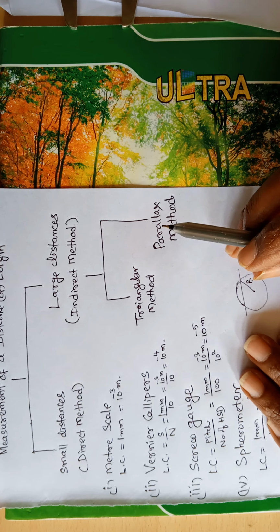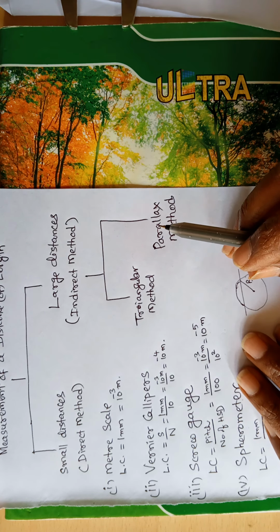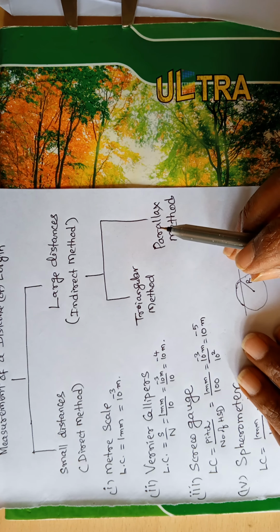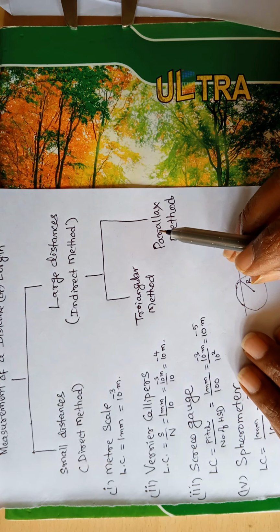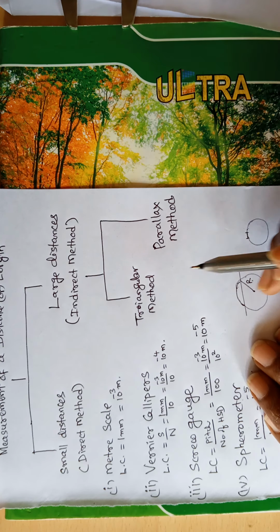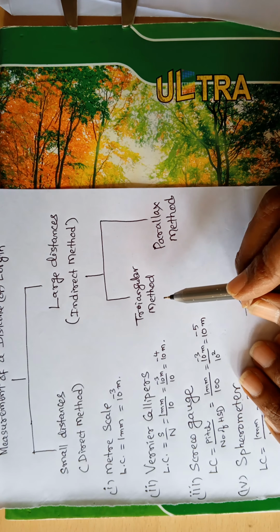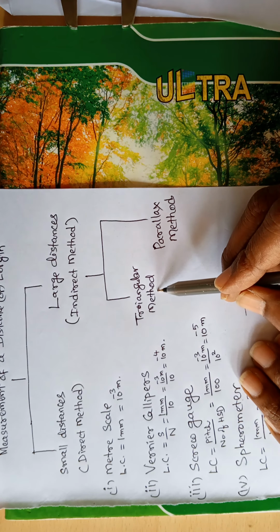That was made possible by making use of trigonometry. You have learned sine, cos, tan and their reciprocals in your 10th class, and you did problems also. One method is the triangulation method based on trigonometry.